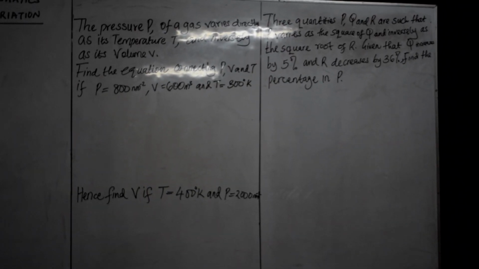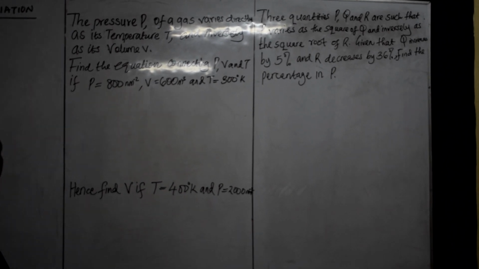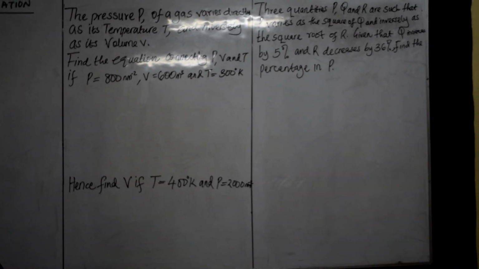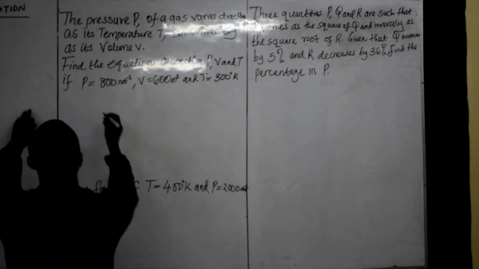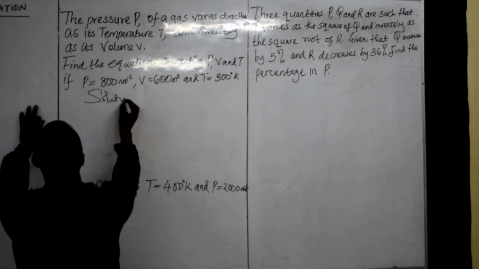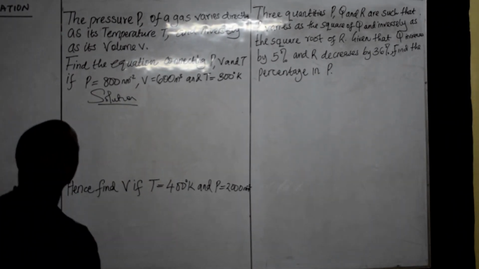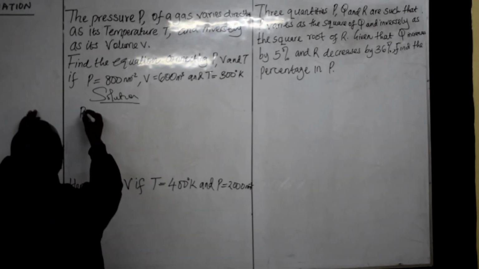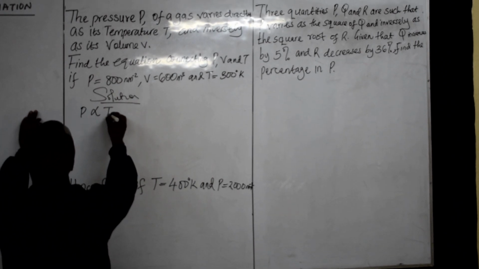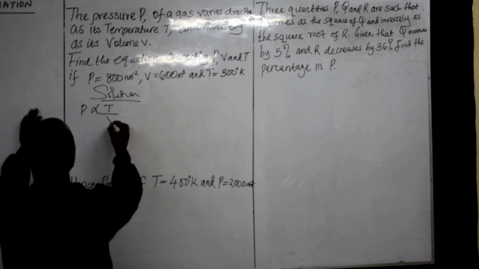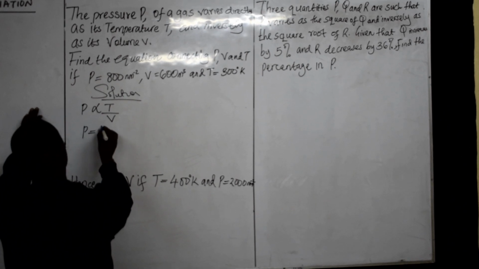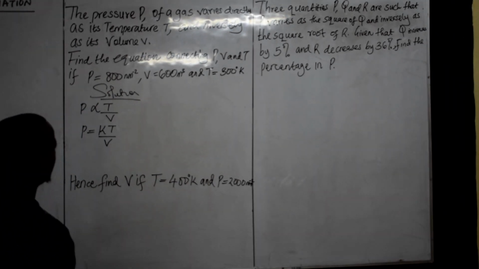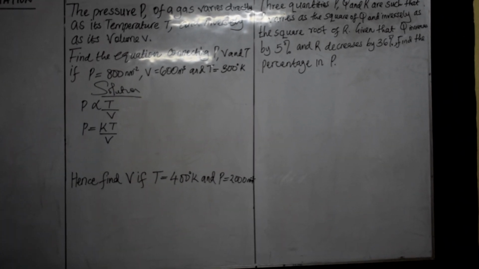The question is: the pressure P of a gas varies directly as its temperature T and inversely as its volume V. So from that, we can get the relationship P varies directly as T and inversely as V. Therefore, P is equal to K T over V. Find the equation connecting P, V and T if P is 800.